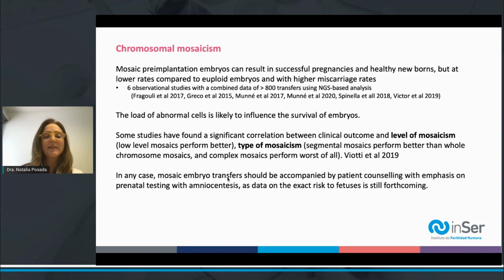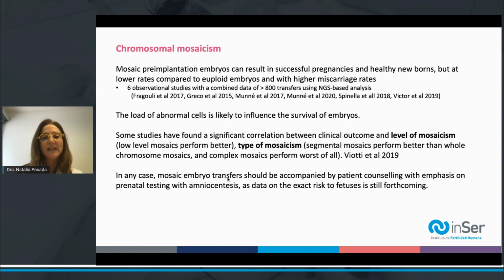It seems that there's a significant correlation between the clinical outcome and the level of mosaicism, with embryos having less mosaicism, under 50%, doing much better than embryos that have higher rates of mosaicism, as well as the type of mosaicism. Segmental mosaic embryos perform better than whole chromosome mosaics.